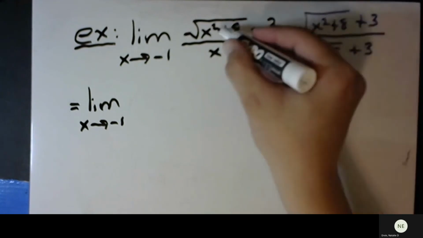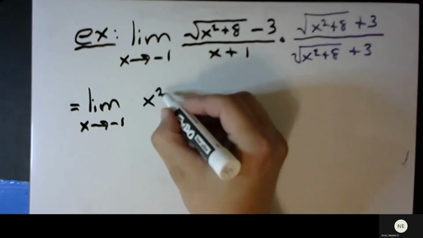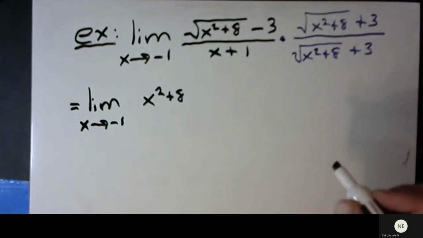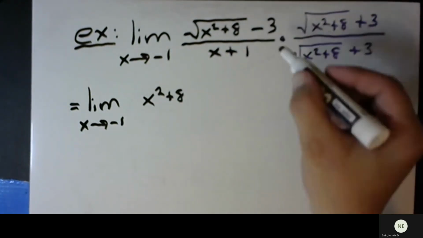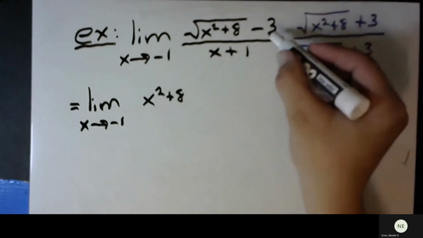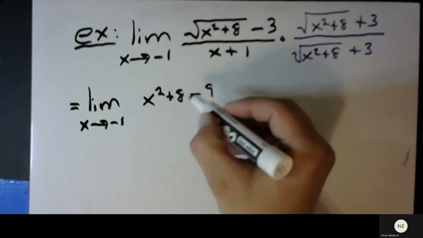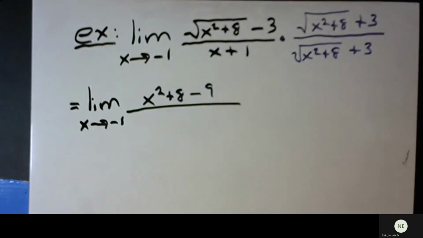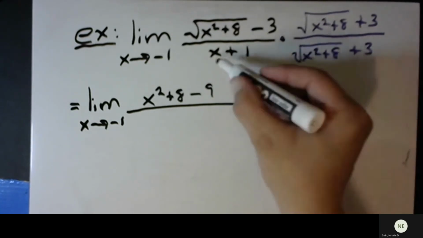and we could take a look at this, we'll get this times this, the square root will go away, x squared plus 8, plus 3 square root, minus 3 square root, so those will cancel. And then -3 times 3 is -9. Now on the bottom here, it's going to be a little more complicated.